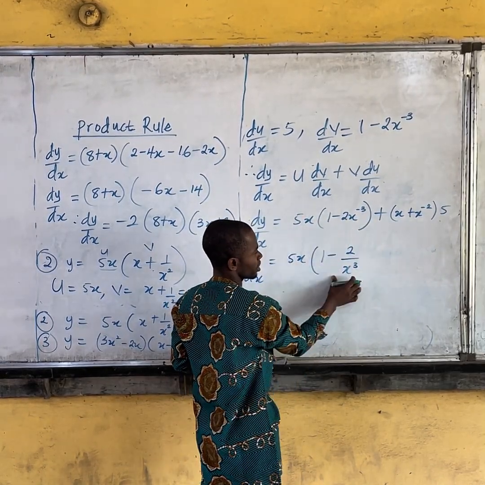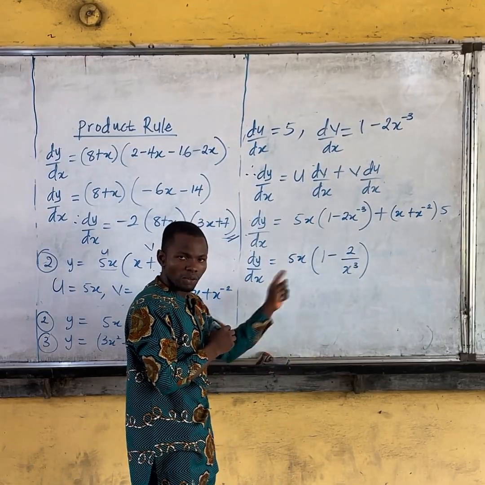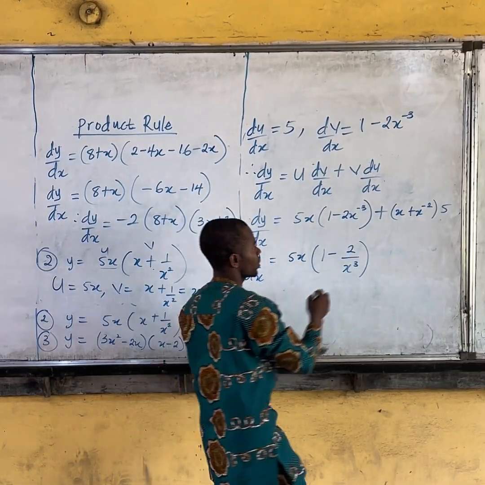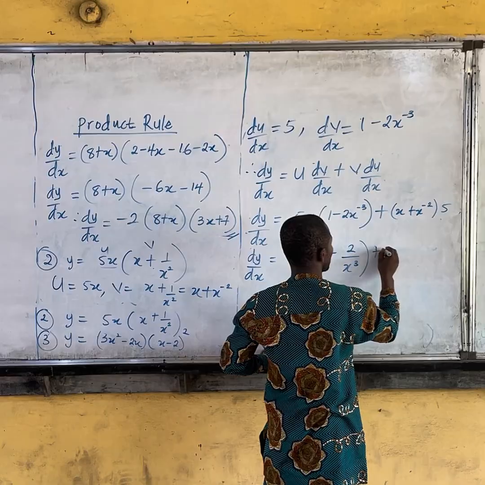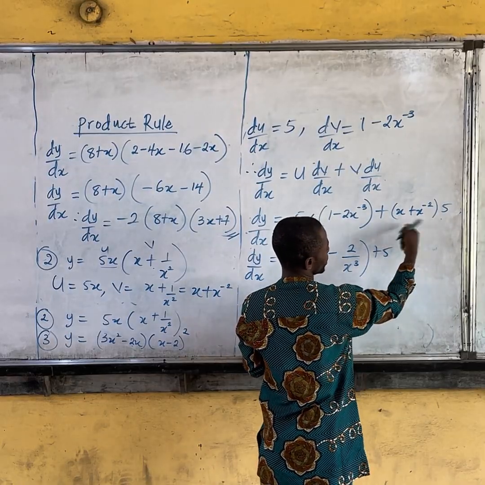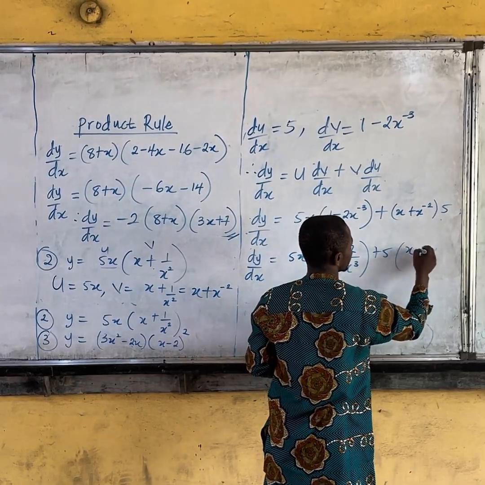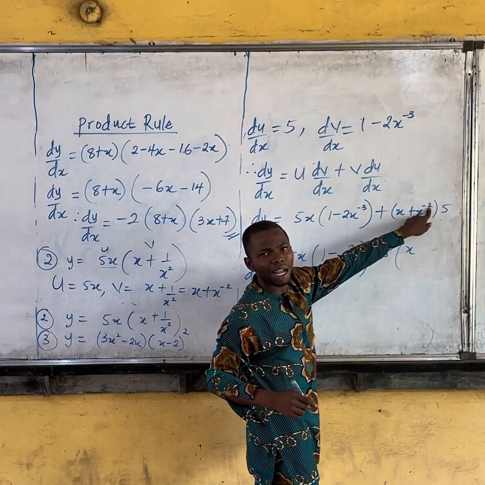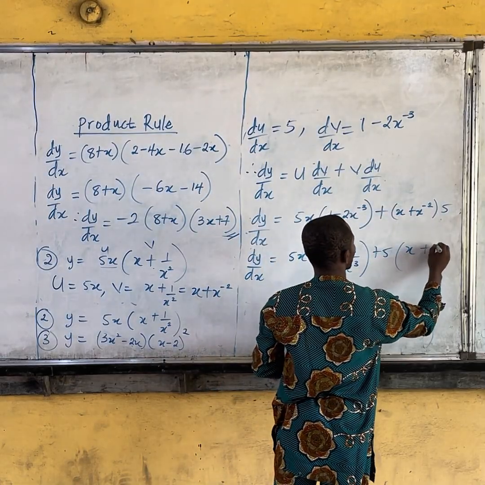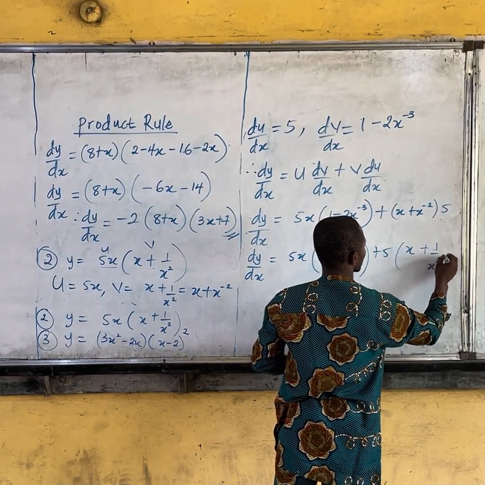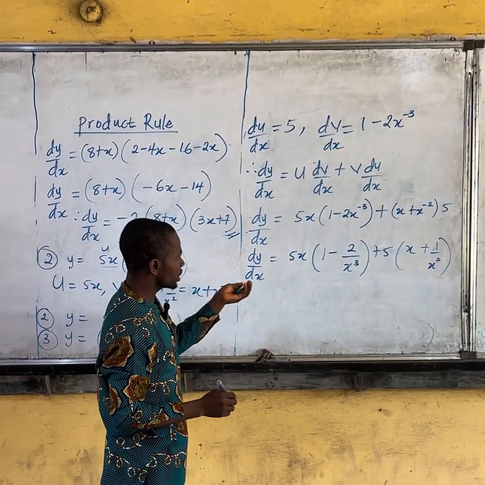I'm still writing this. I close it. We are following the principle of indices. For this one also, I can say plus 5. The 5 can be outside here. Bracket x, this negative power can be plus 1 over x squared. From here, there is nothing common.